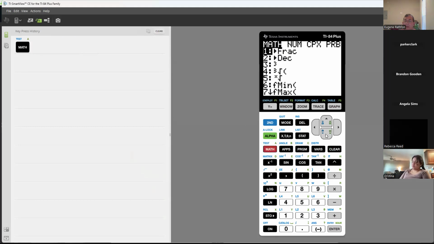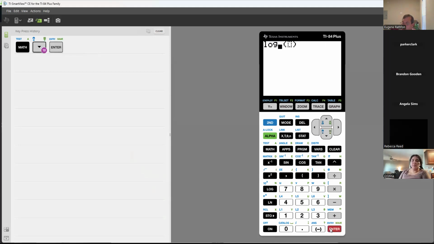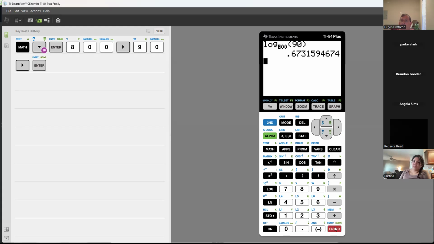So I'm going to hit math and arrow down, hit enter. So my base was 800, and then my result was 90. Now, rounded off to 4 decimal places, when we hit enter, I'm getting 0.673. Oh, and y'all, once again, my fourth number is a 1. It's got a 5 after it, so I'm going to turn that 1 into a 2. So I'm going to get 0.6732.